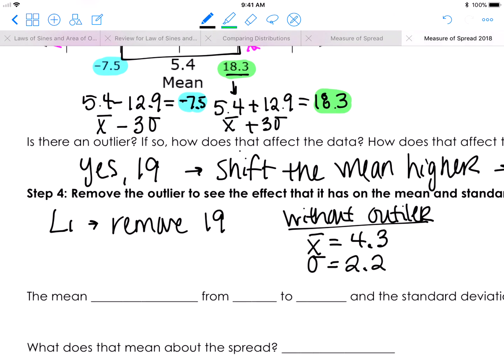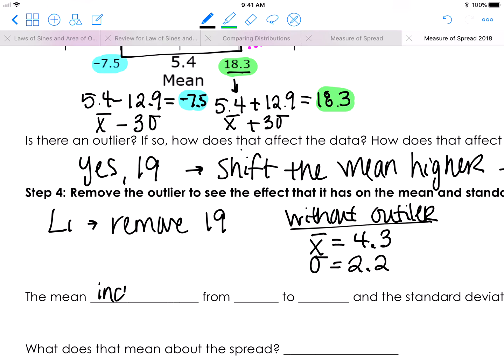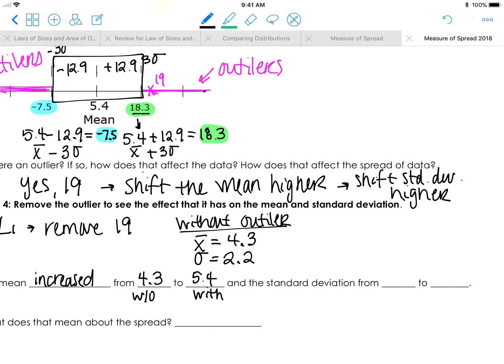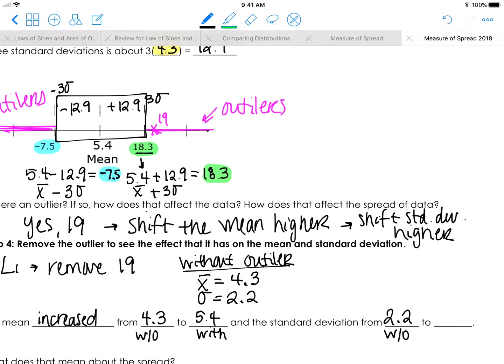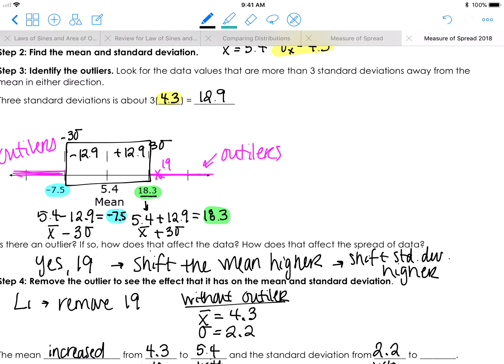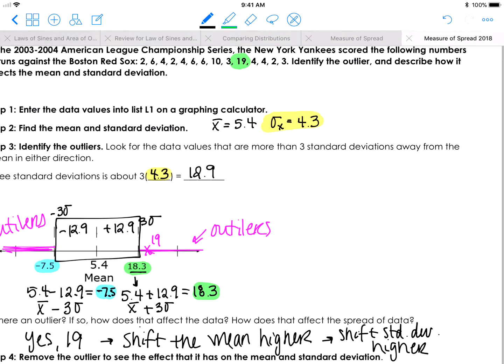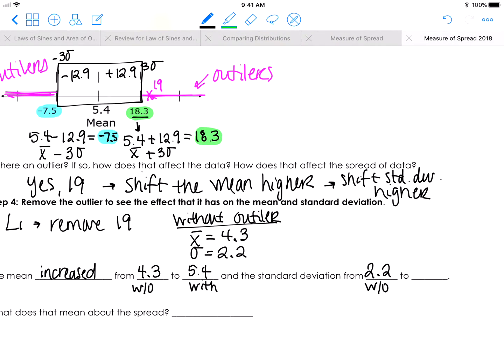So the mean increased from 4.3 without to 5.4 with the outlier. And the standard deviation was also affected. It went from 2.2 without to, what was it originally? 4.3.